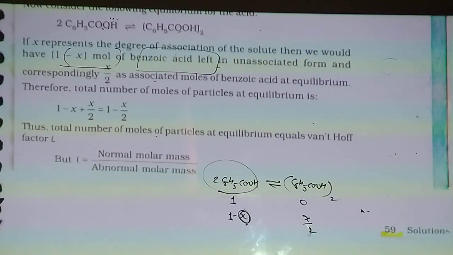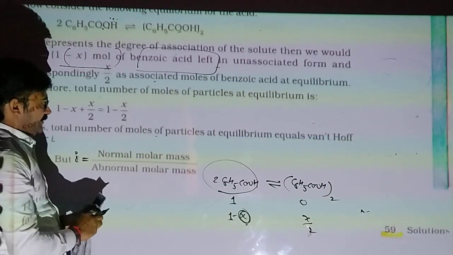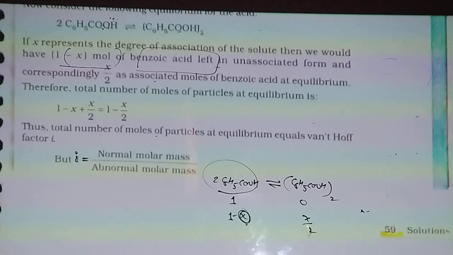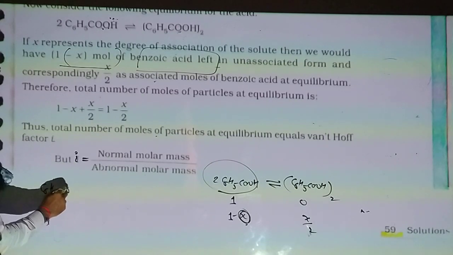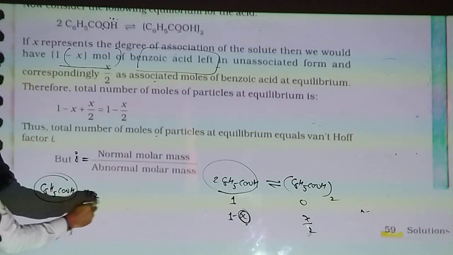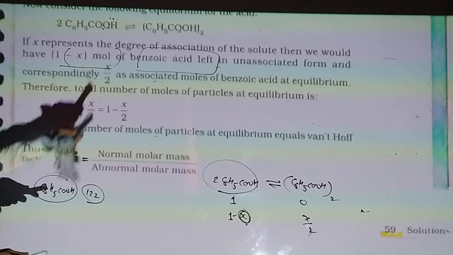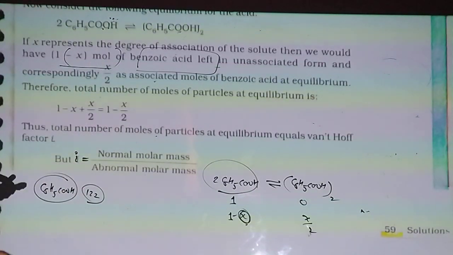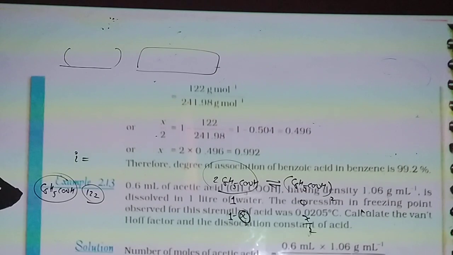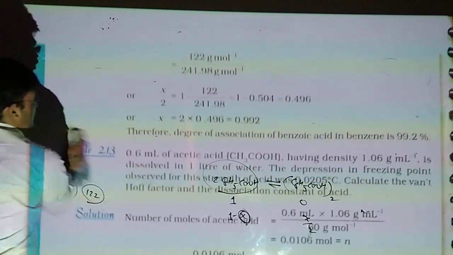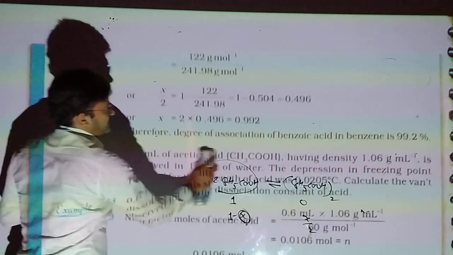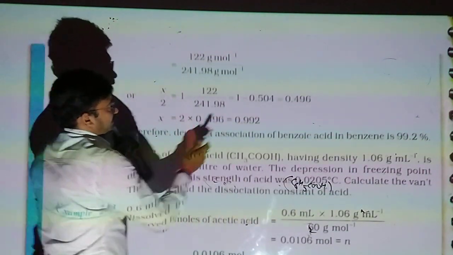But we know another formula of van't Hoff factor: normal molecular mass upon abnormal molecular mass. Actually, the normal molecular mass of benzoic acid is 122. Abnormal, practically derived, is double, 241.98. 122 divided by 241.98 is 0.504.